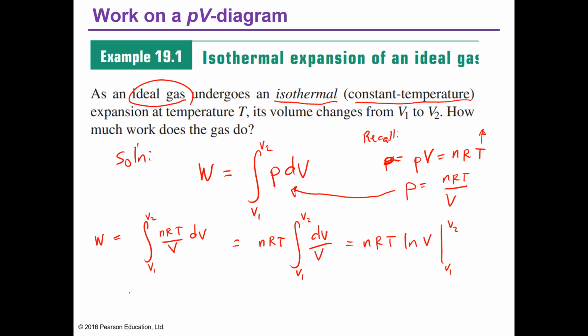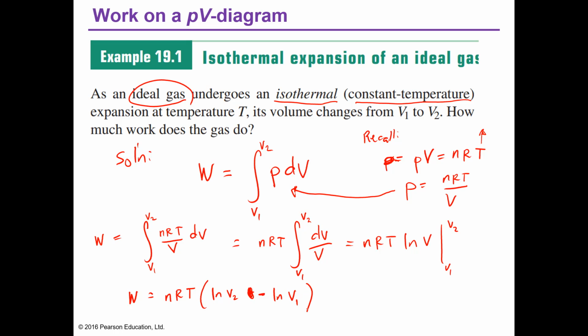Work is equal to nRT times ln of V2 minus ln of V1.